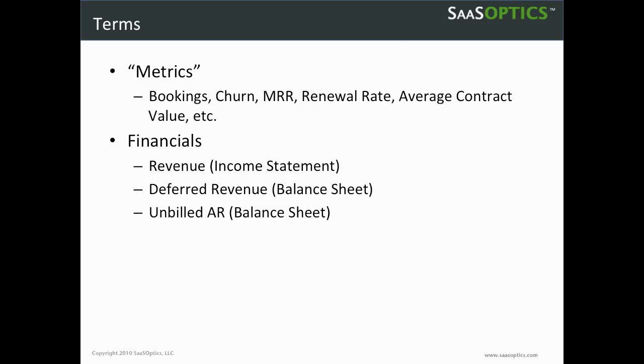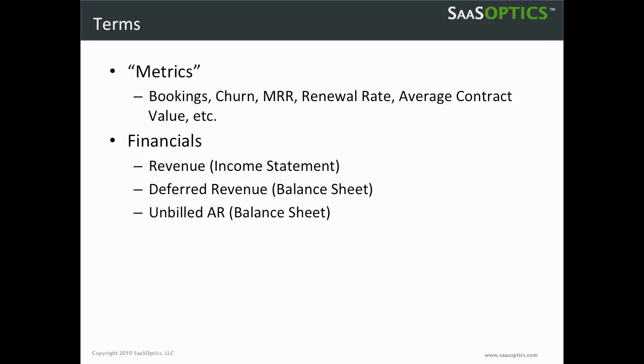It's very important to understand there are no universal definitions for what is a booking or what is churn. One person measures churn one way, another company measures it as revenue churn, another company measures booking churn. Churn can be measured by counting contracts, by a normalized value like monthly recurring revenue, or maybe normalized annually.